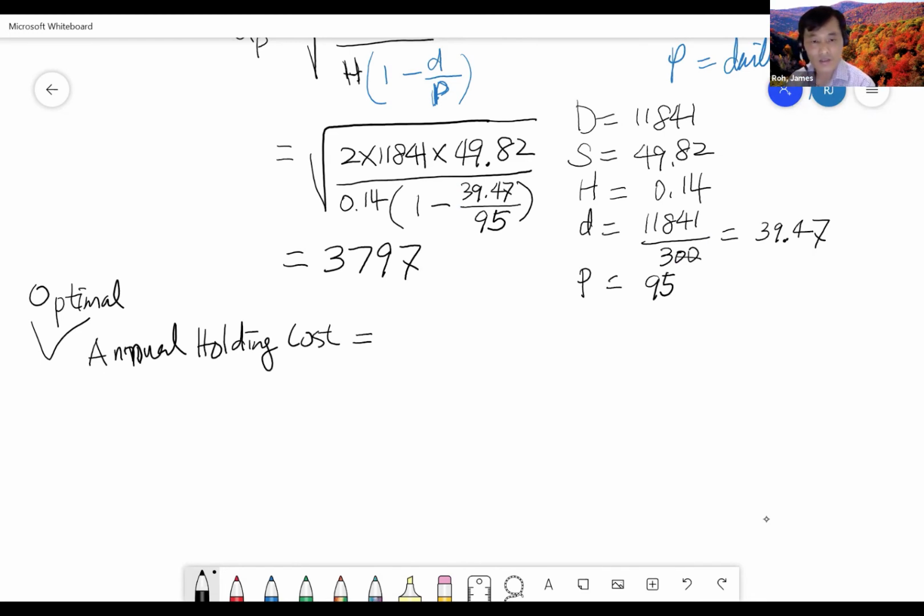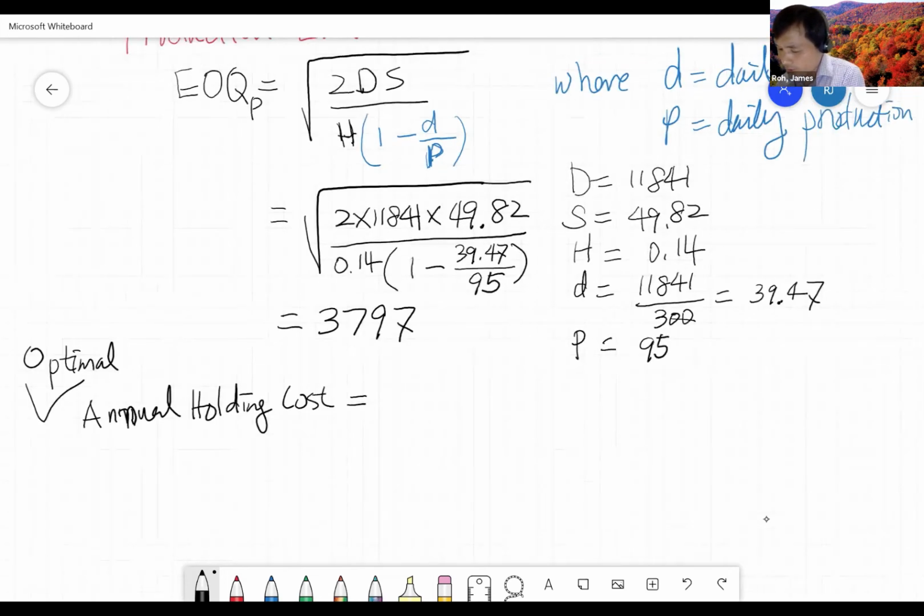We learned before that it's going to be Q over 2 times H. In the regular model it was like that. However, now H is not like that. H has to have this parenthesis, D over P, so you have to have that.